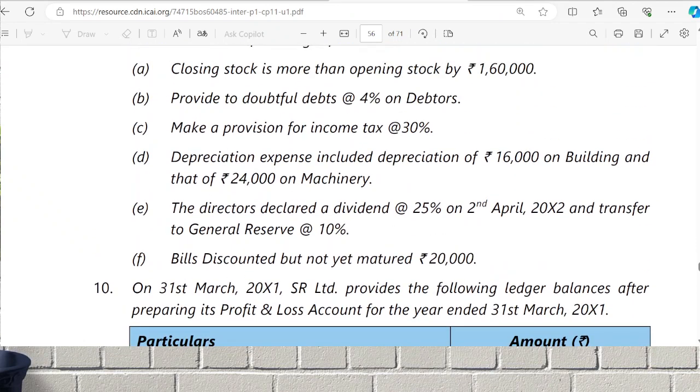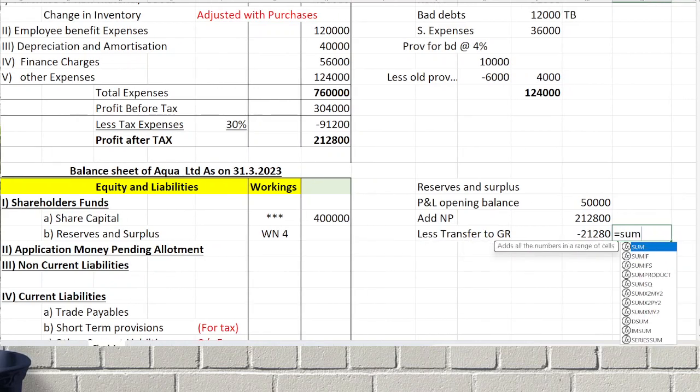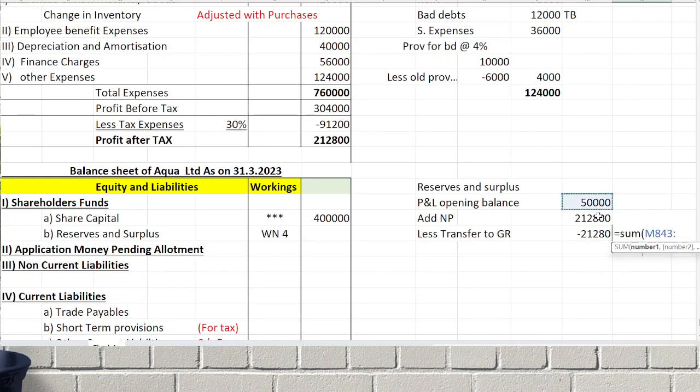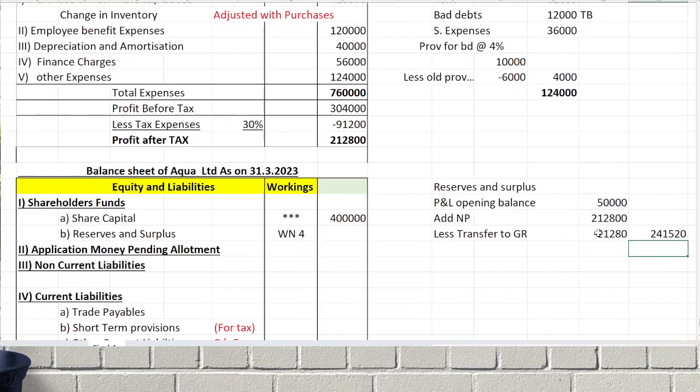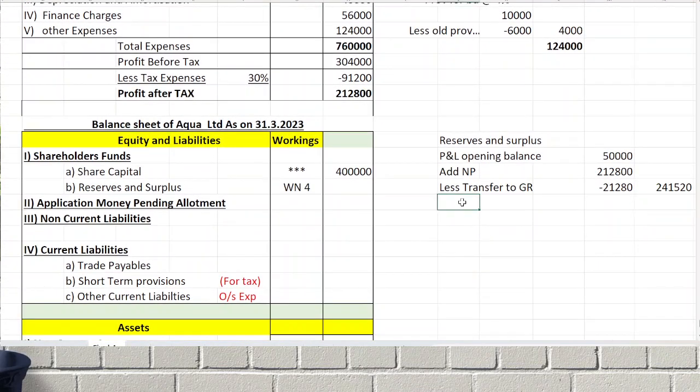Transfer to general reserve at the rate of 10% of net profit. Then there is the general reserve. What is the opening balance? 80,000. Add this current year transfer.